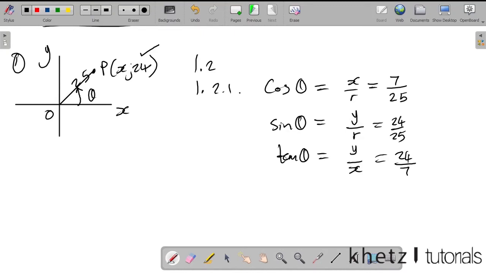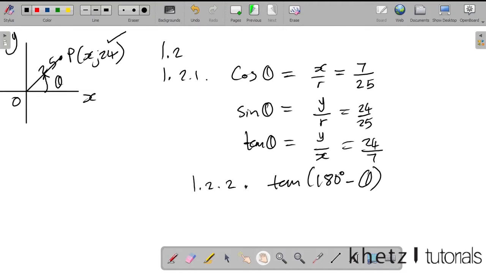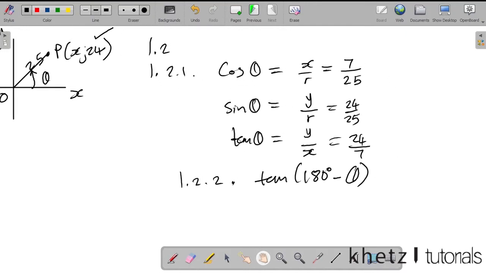Another question which stems from that would be 1.2.2. It's asking us to find tan of 180 degrees subtract theta. We can use the reduction formula, if you remember the video on reduction formulas.